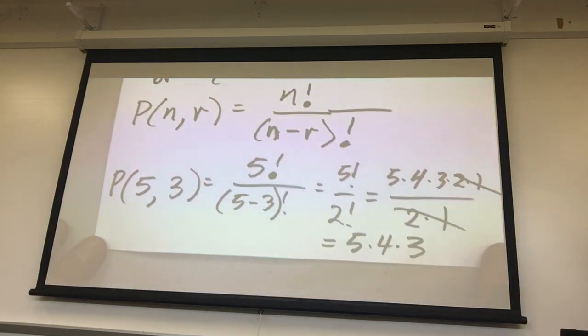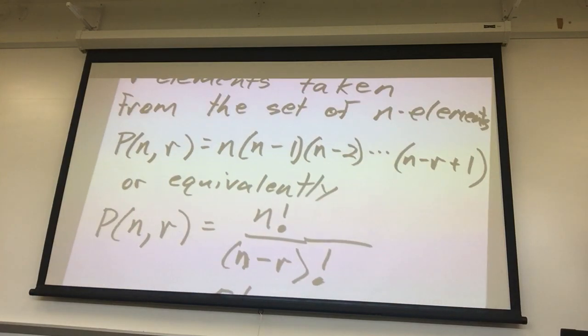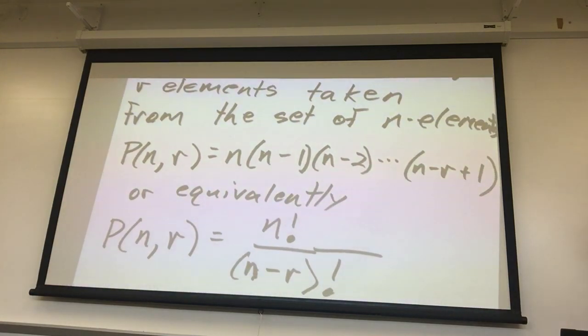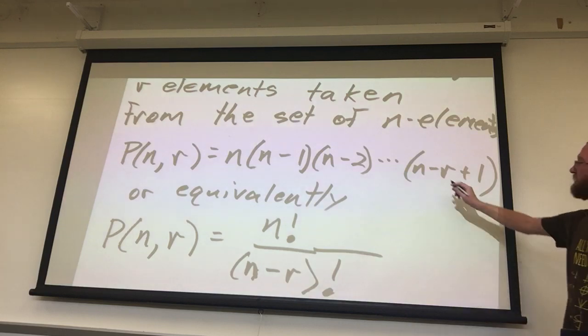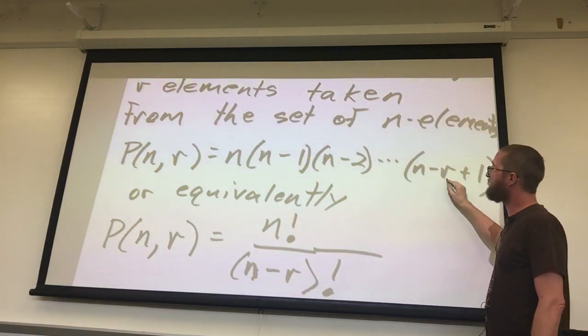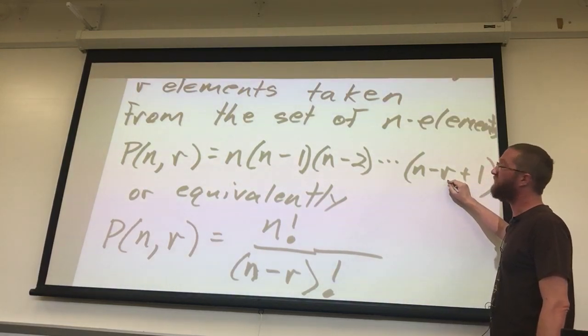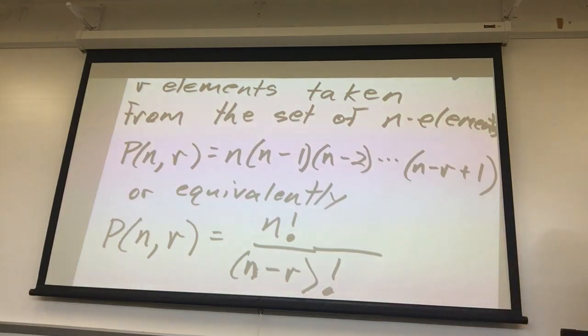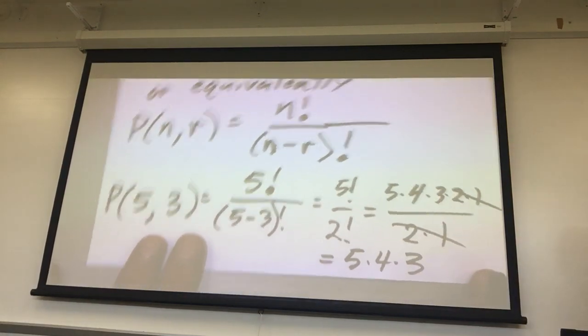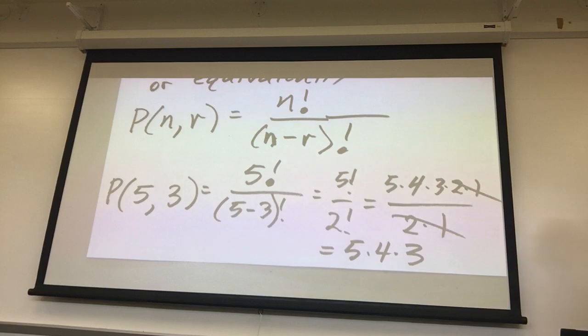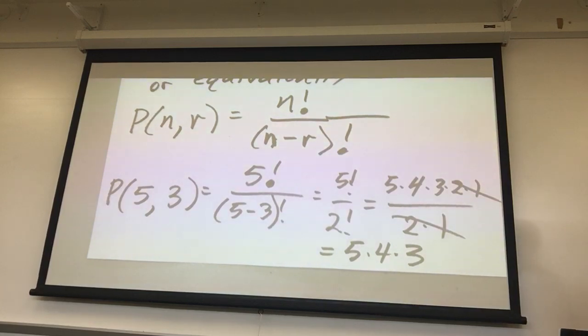Okay, so 5 times 4 times 3. And when I look at this last term right here, what would this become? It would be 5 minus 3, which is 2, and then 2 plus 1 is 3. And that's how I ended up with that 3 on the end right there, just from the cancellations.